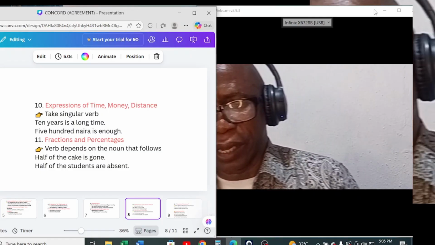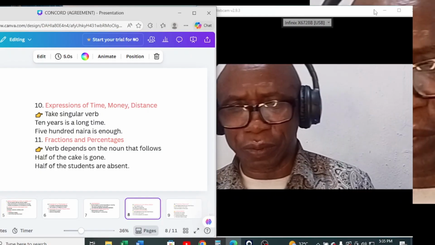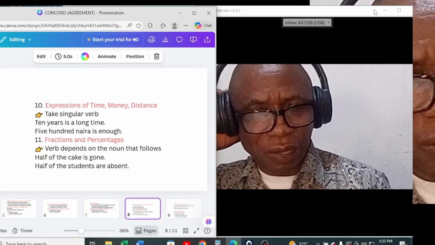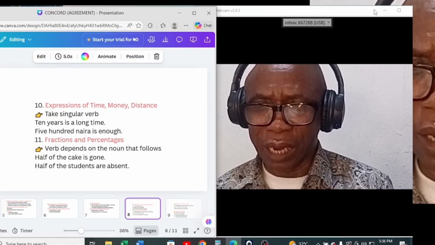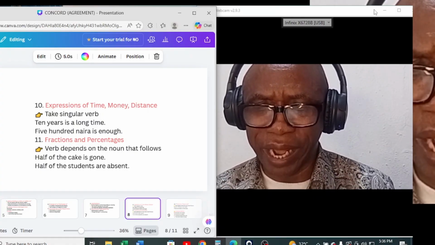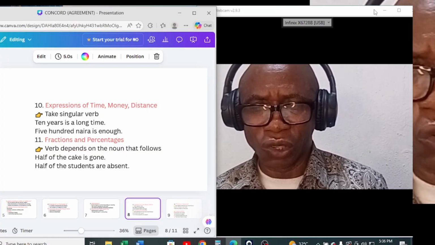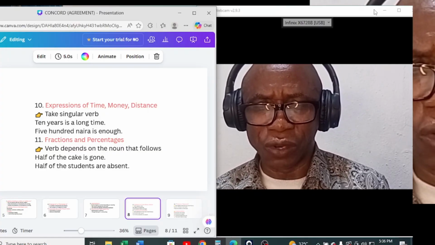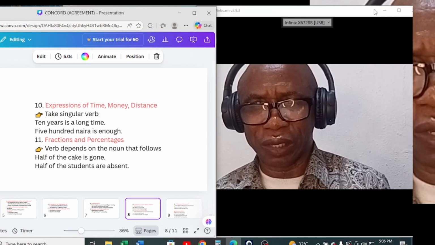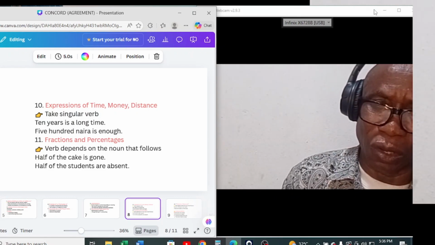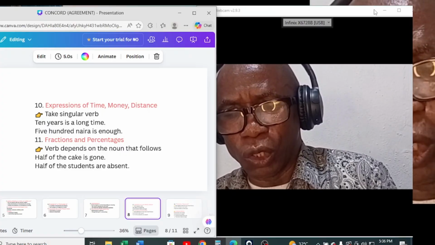The word cake is nearer to the verb, so cake is singular. Half of the cake is gone. Then look at this other example: Half of the students are absent. Students is plural. So these things require practicing. That's why as an English student, you have to do what we call Use of English.